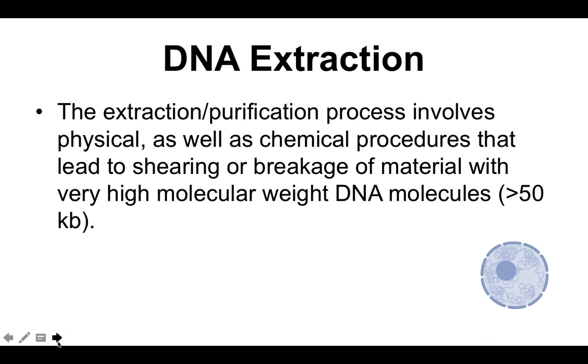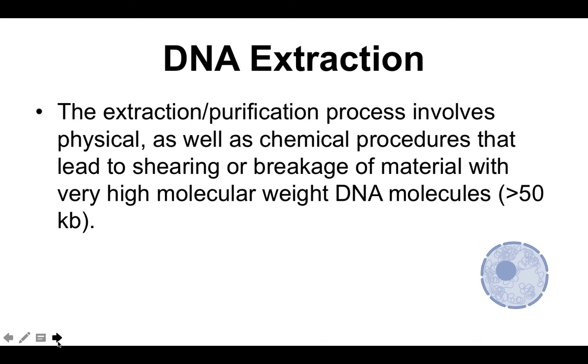So one of the first things that I want you to remember is that the process of DNA extraction involves physical as well as chemical procedures that will lead to the shearing or breakage of material with very high molecular weight DNA molecules.